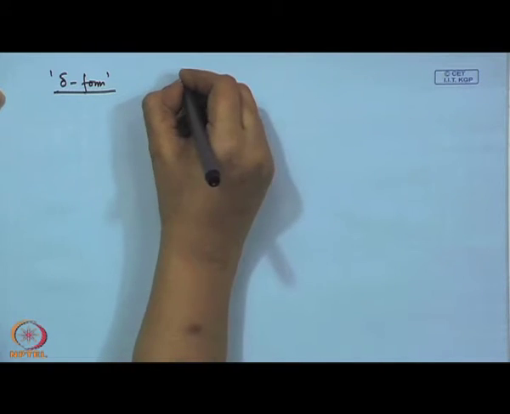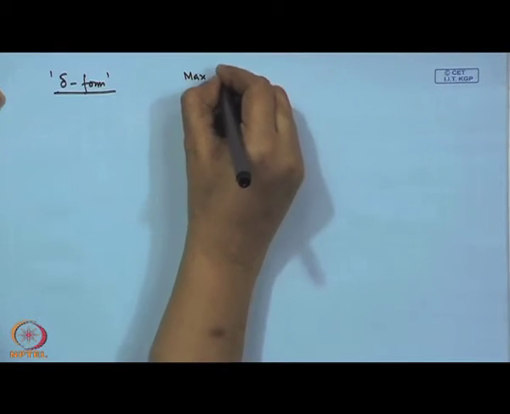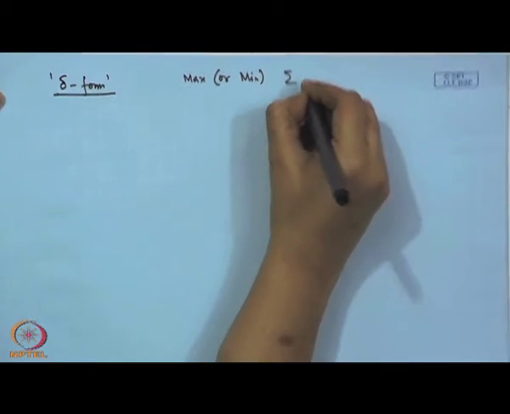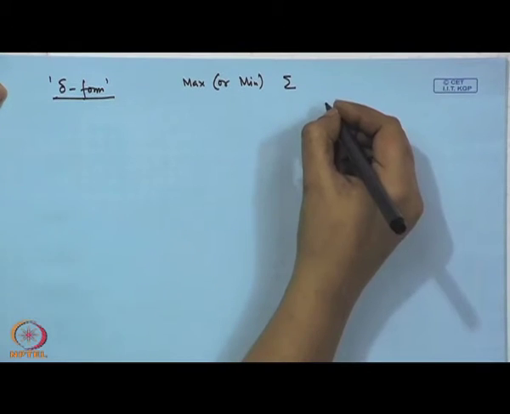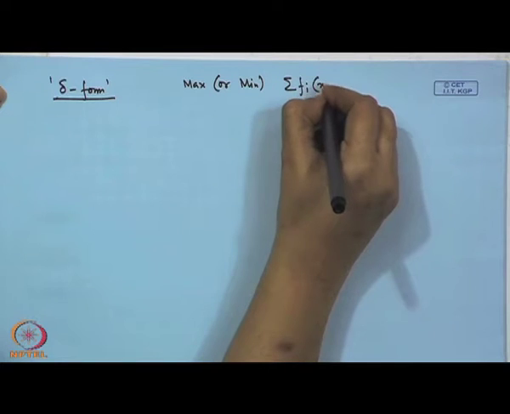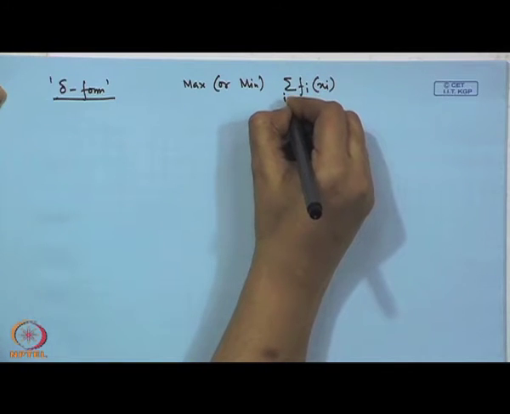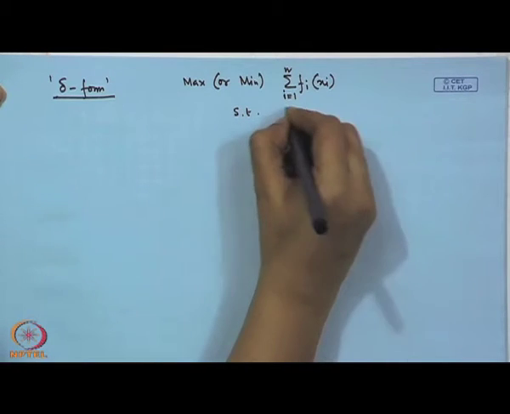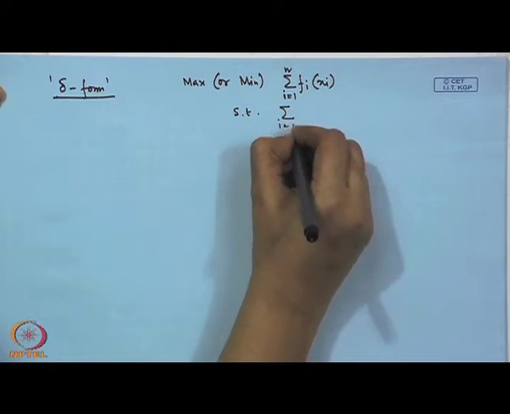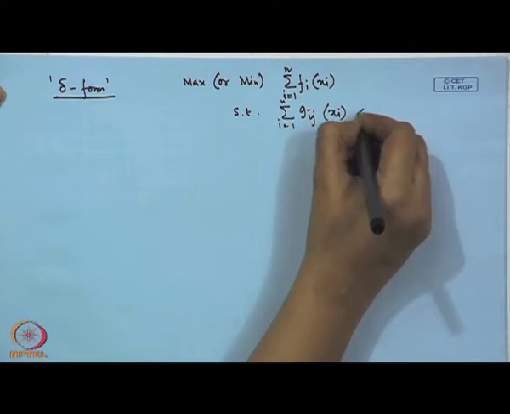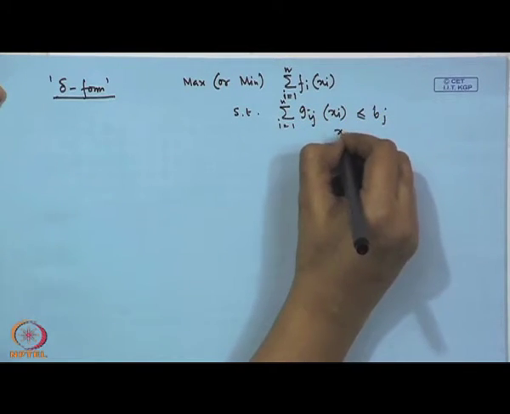We are having the separable programming. Again consider the original separable programming in this way: f i of xi, i is equal to 1 to n, subject to summation i is equal to 1 to n, gij xi less than or equal to bj.